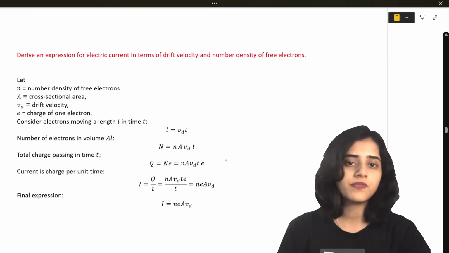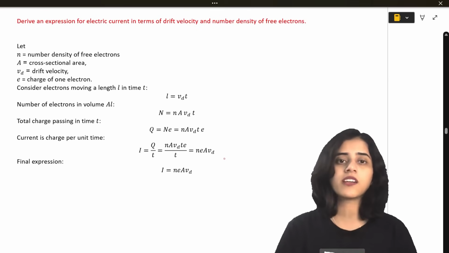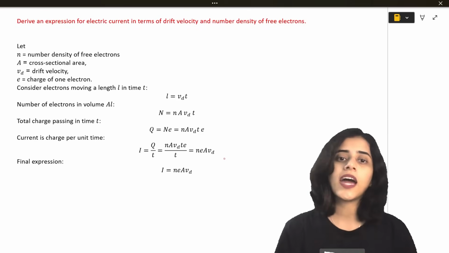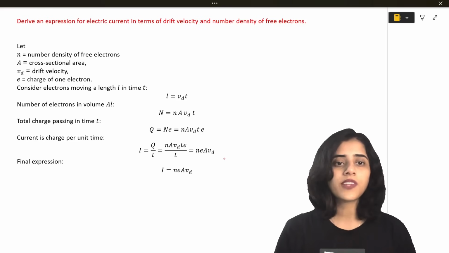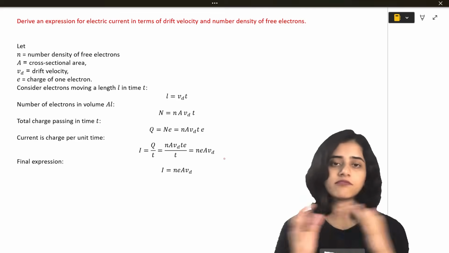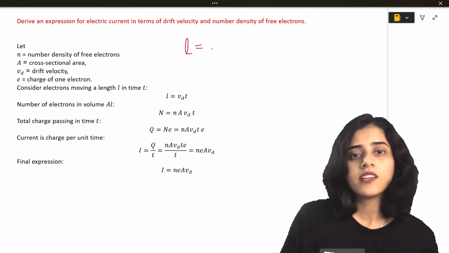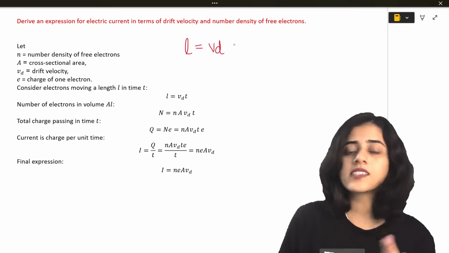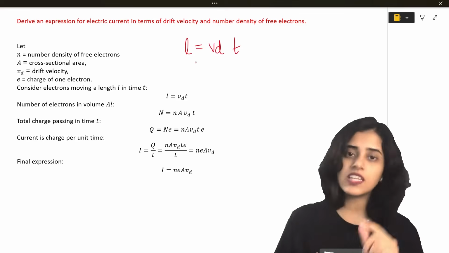Okay, next question. Derive an expression for electric current in terms of drift velocity and number density of free electrons. So let's say electrons are moving in a length in time t. Distance is speed into time. So here distance is length, speed is Vd and time is t.